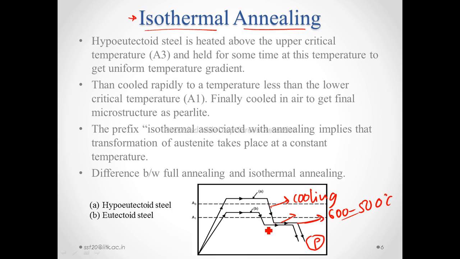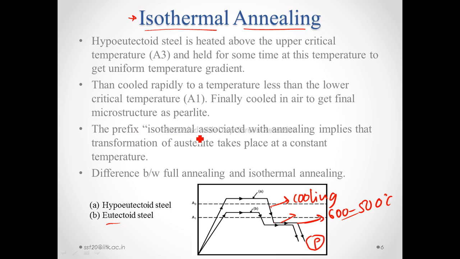We lower the temperature to about 600 to 500 degrees Celsius, below the lower critical temperature, then hold it for the same duration to get the complete pearlitic structure. Then it is cooled down. This is for eutectoid steel.